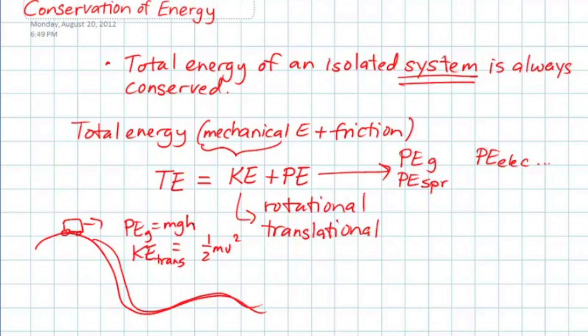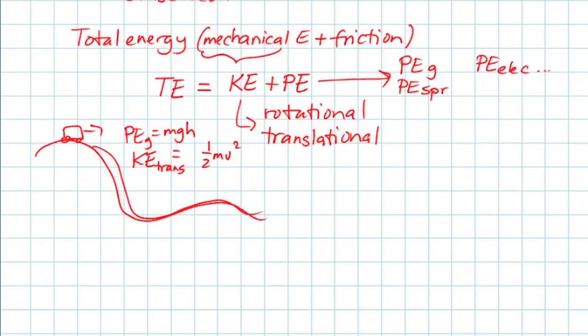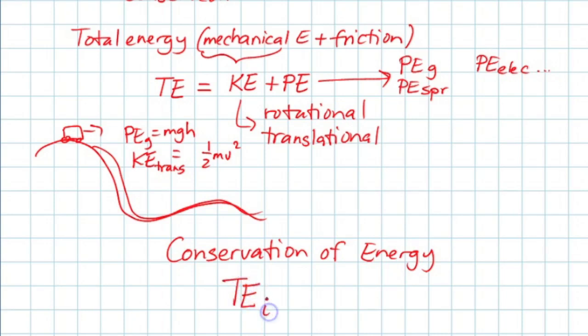One quick warning about conservation of energy is that when we use it, we usually only talk about cases where there's no friction. So here's a warning. Well, first of all, let's state what conservation of energy is, equation-wise. Conservation of energy says that if the total energy of a system is always conserved, that means that the total energy that we start with initially will be equal to the total energy at another time.